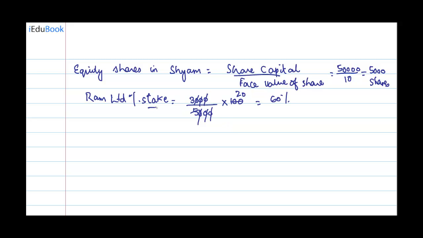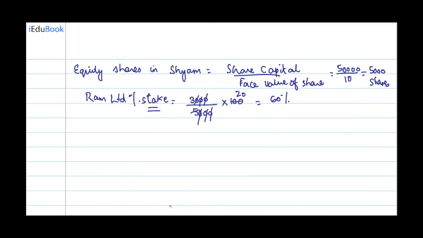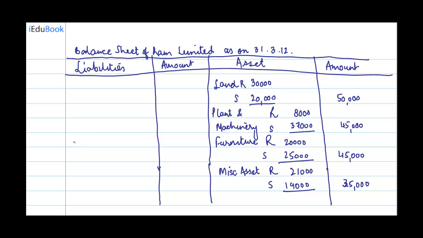So Ram Limited holds 60% in Sham Limited. We are not doing any adjustment here. On the credit side, you have sundry creditors: Ram 24,000, Sham 16,000.